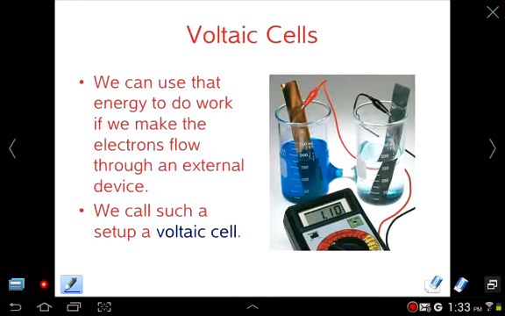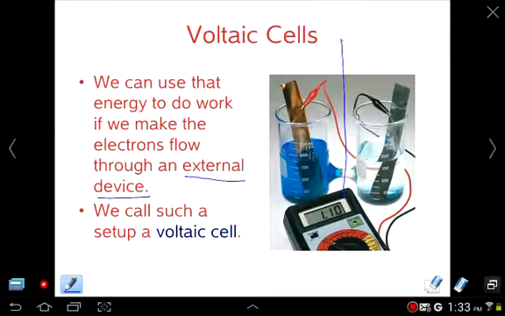So here is what the general idea is. Here it says we can use the work that's produced by the electrochemical reaction if we allow the electrons to flow through an external device. So we're going to separate the two half reactions.